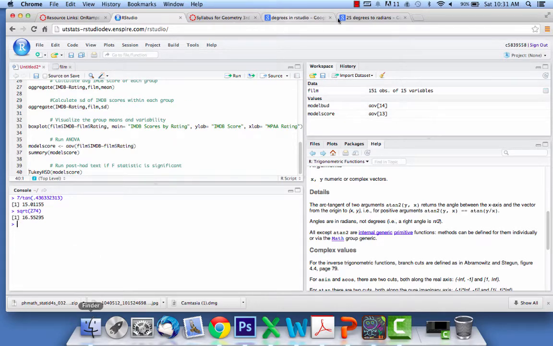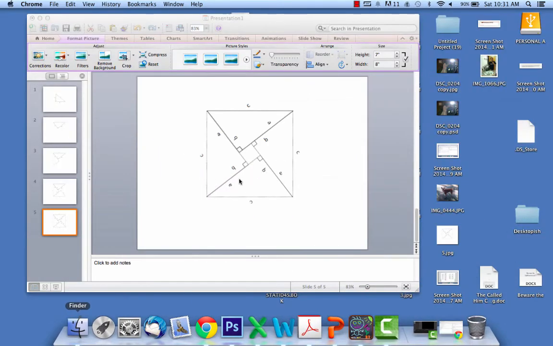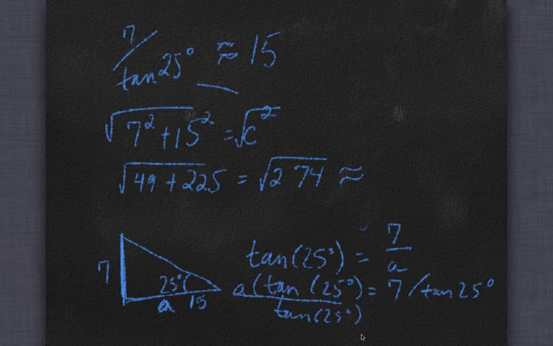That's 16.55. And now we have the whole triangle.